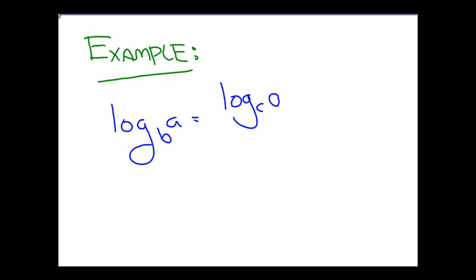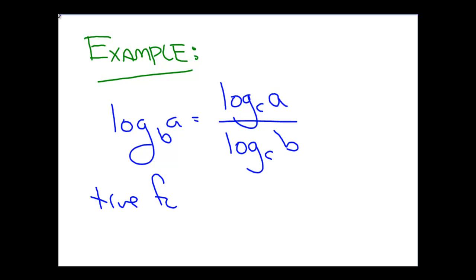Most identities in algebra are trivial. That is to say, they don't give us very much information. But we can think about an identity like this. The log base b of a is equal to the log base c of a divided by the log base c of b. This is true for all a, b, and c, for which we would be able to determine logarithms anyways, right?